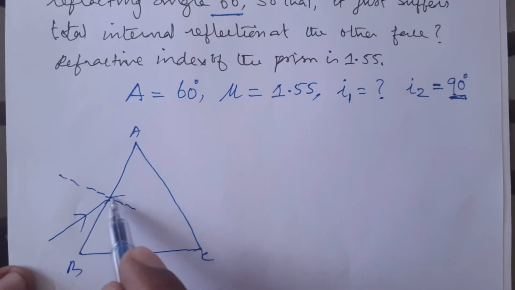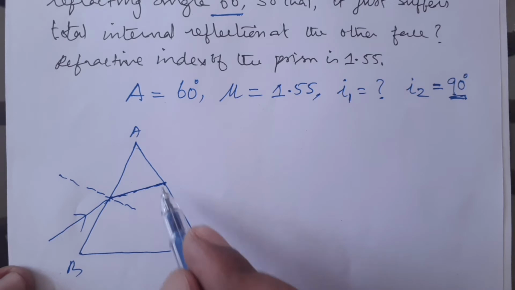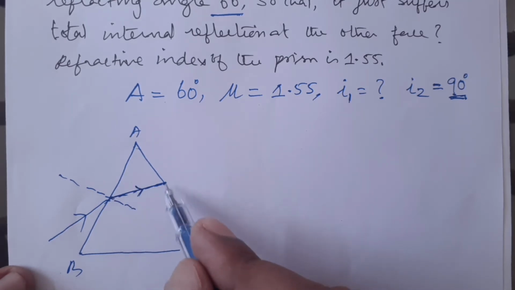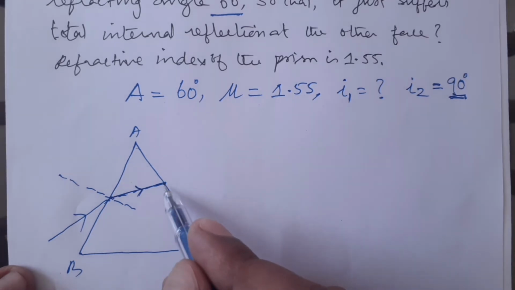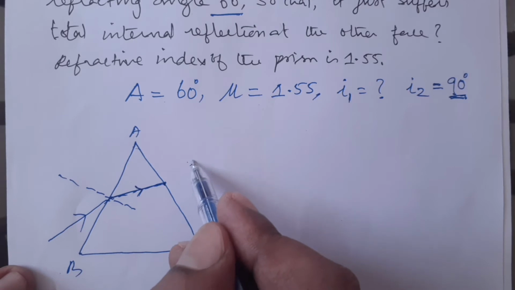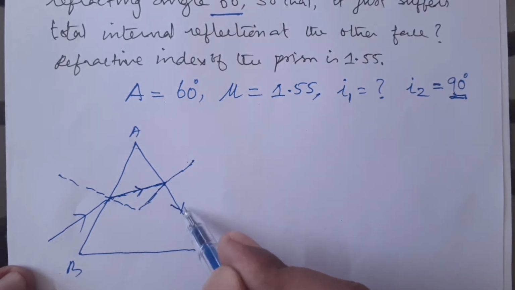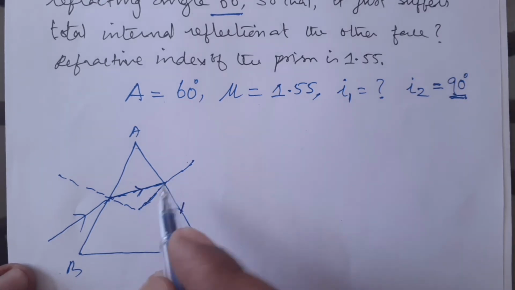Then it undergoes refraction here, and this refracted ray inside the prism falls on the face AC such that the angle of incidence is the critical angle.